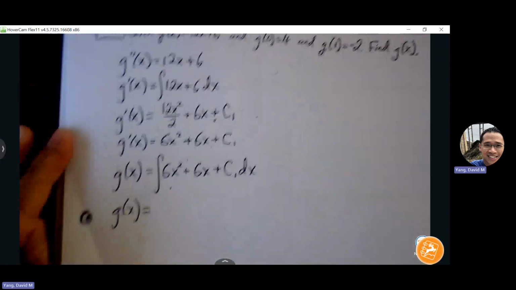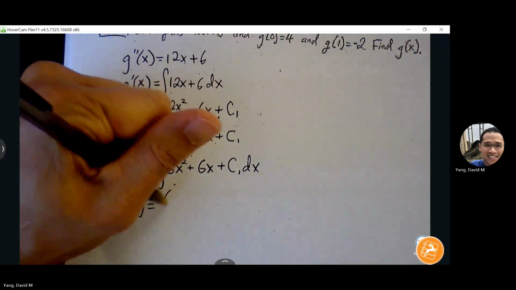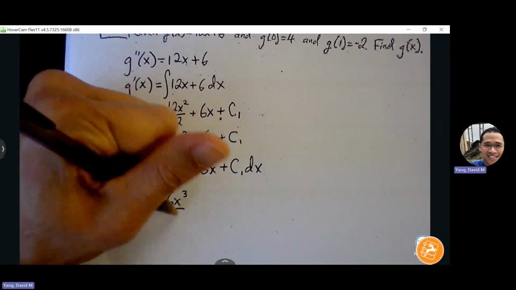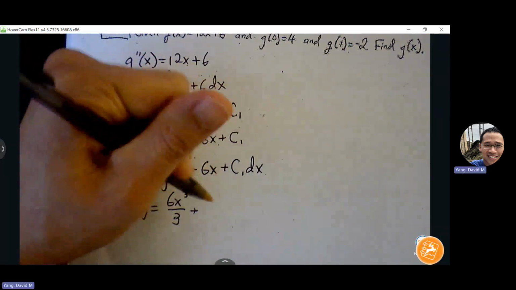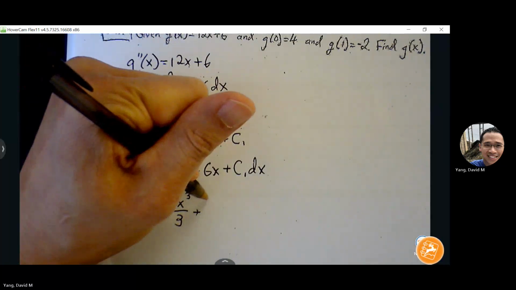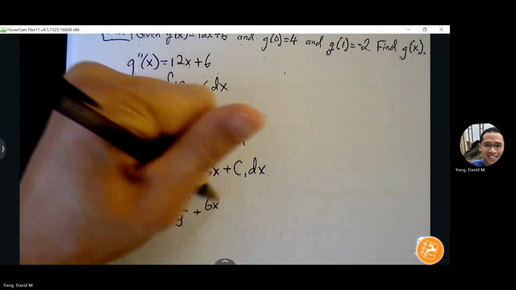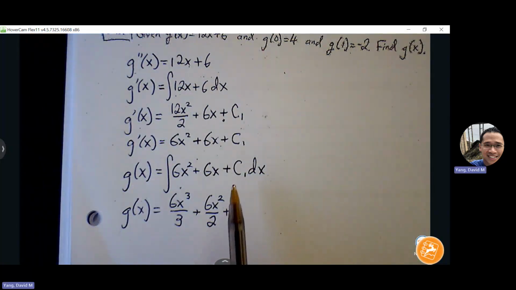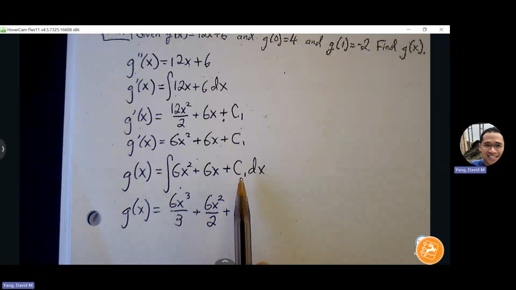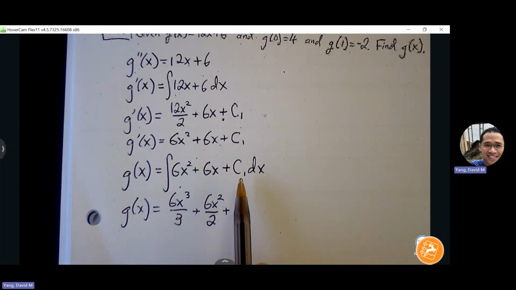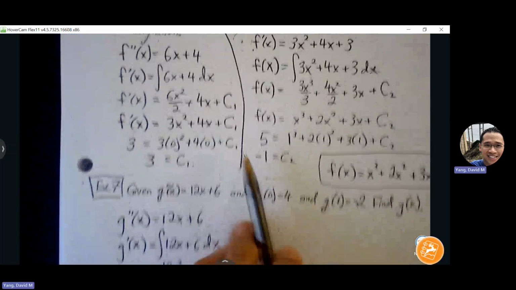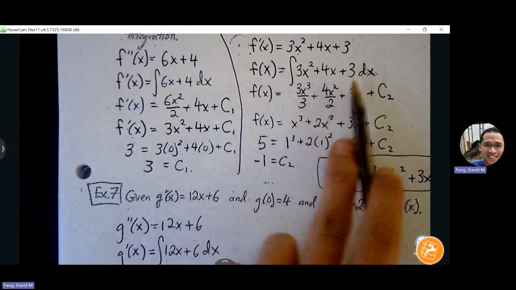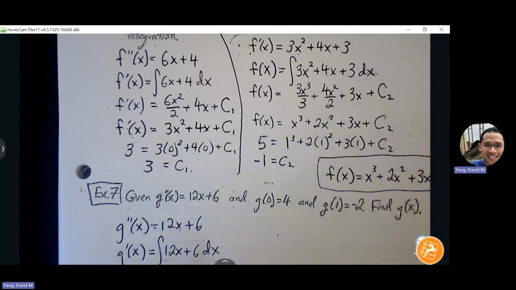Okay, 6x squared becomes 6x cubed over 3. 6x becomes... okay, this is interesting here. What do you think c sub 1 will turn into? Good, c sub 1 x. Pretend that's just a number, right? Before, any number from the g prime level will just move up to a degree 1.